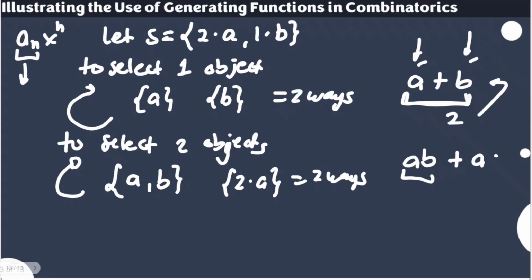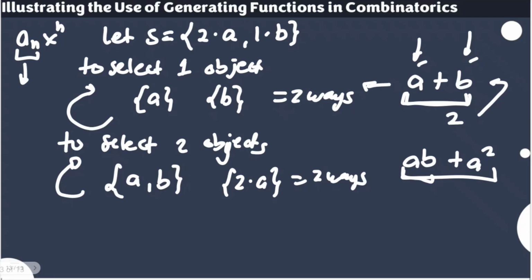I'm also going to select 2 objects here: I can write A and A, or even A squared if you like, because that's multiplication of terms. So there are 2 ways to select 2 objects as well. The first one is AB, and the second one is AA, or in this case, A squared.